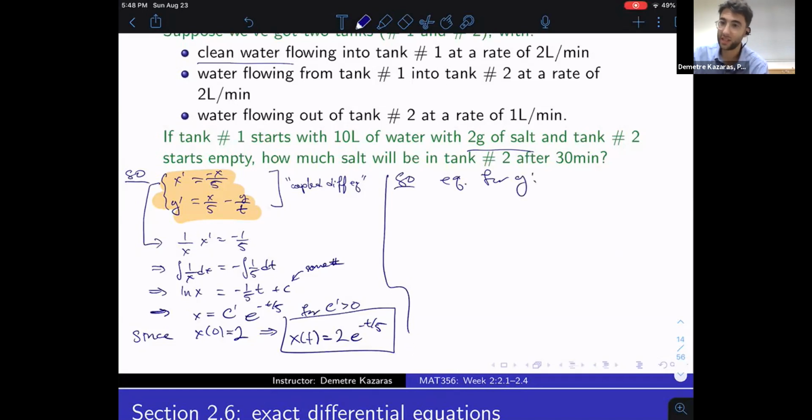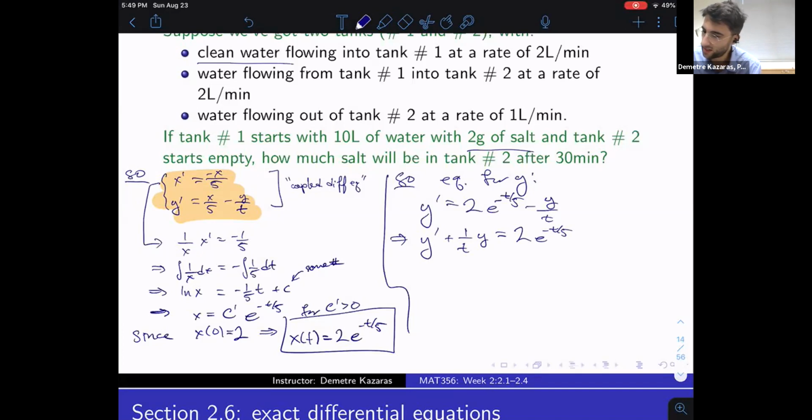That now becomes something that I can write down only in terms of t and y, no more x's, because I just figured out a formula for x in terms of t. So y prime is equal to 2e to the minus t over 5 minus y over t. If I want to write this in a good way, it'll turn out to be a linear equation. Let's write this as y prime plus 1 over t y is equal to 2e to the minus t over 5.